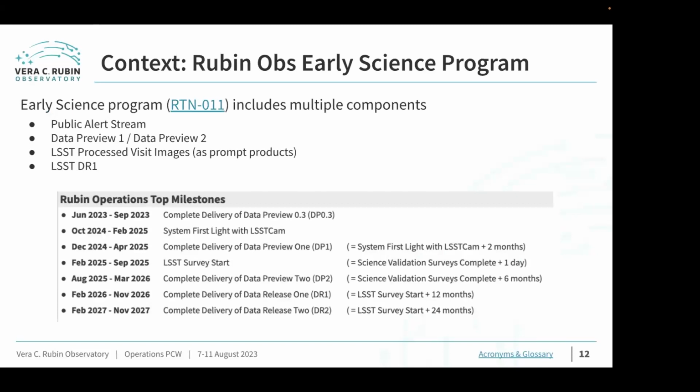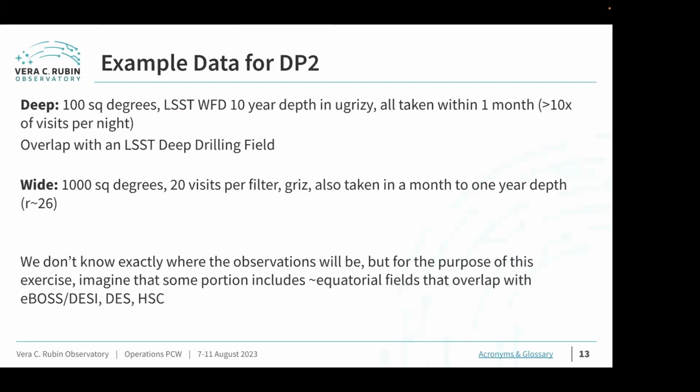But we are going to have this early science program with the public alert stream and the 2 data previews, and that's going to be happening in the next year and a half or so. What I wanted to focus on, I'm more familiar with the static science, so that's what I put up here, but we can also talk about the alert stream.